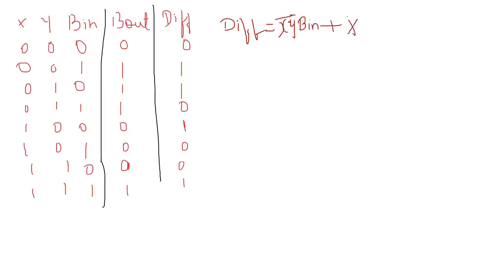So X bar, Y, B in bar, plus difference is 1 at X is 1, Y and B in value 0. So X Y bar B in bar. Then plus difference is 1 when X, Y, B in value is 1. So X Y B in.